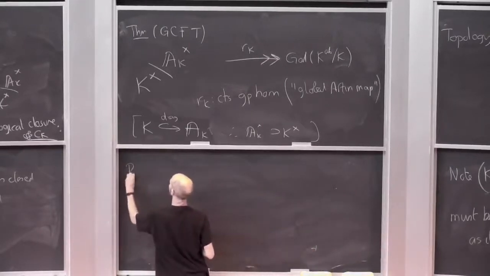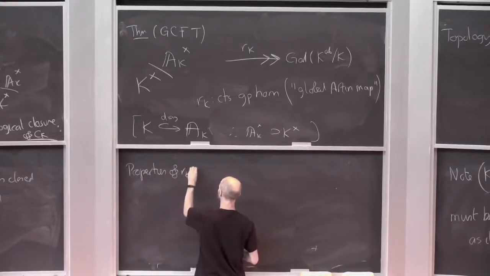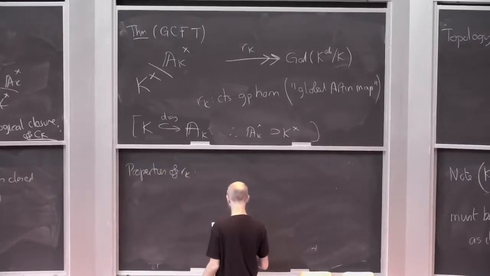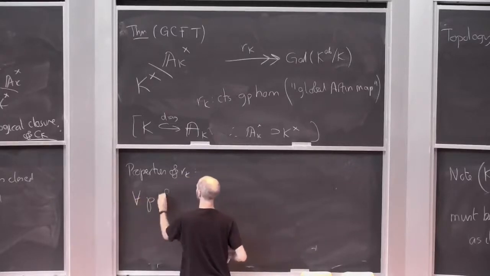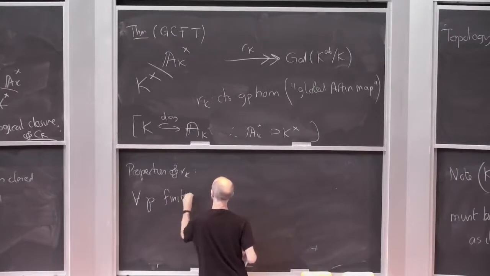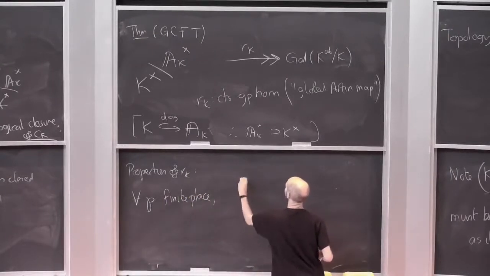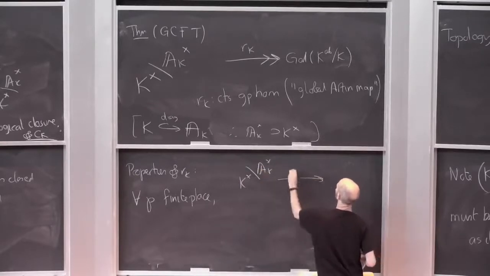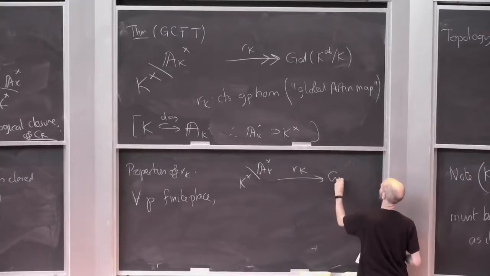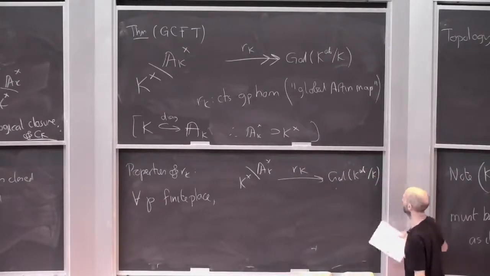Properties of RK. One really cool thing is for all p finite places, there's a commuting diagram, right? We've got K star over AK star by RK to Gal K ab over K. But you know what?